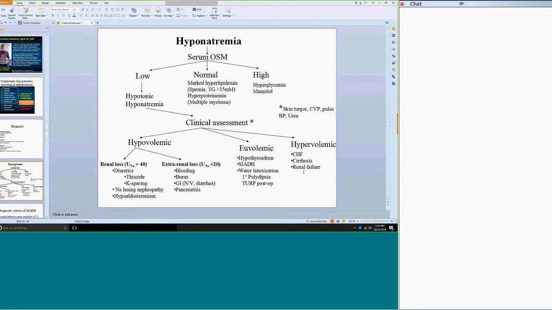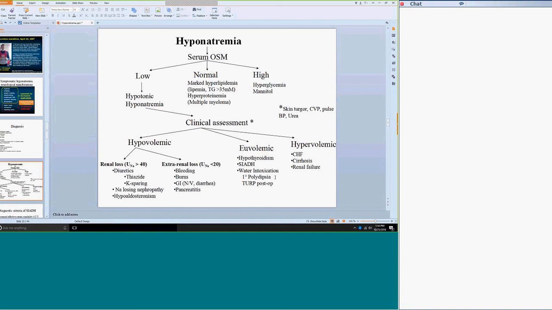Again, heart failure, cirrhosis, renal failure are fairly obvious from history and examination. But euvolemic ones are the ones you have to differentiate: hypothyroidism, SIADH, and water intoxication.